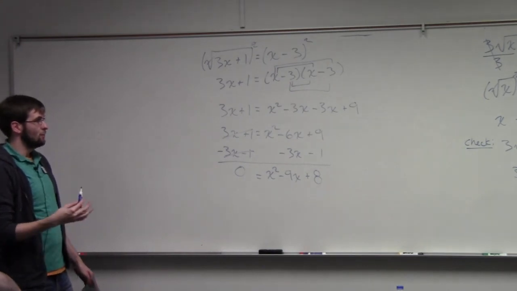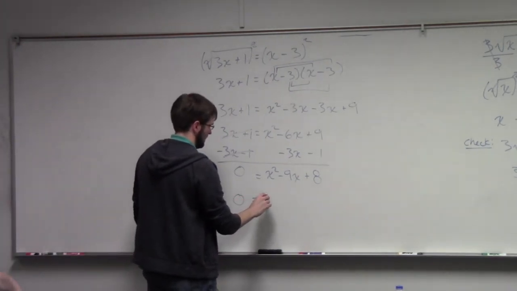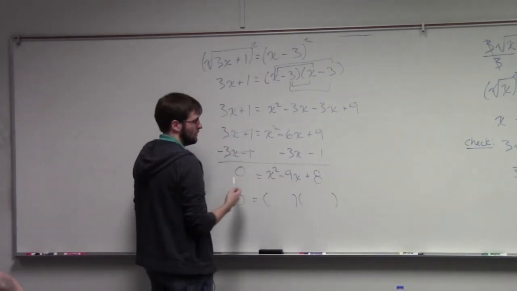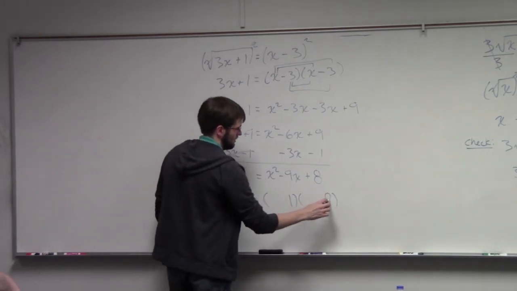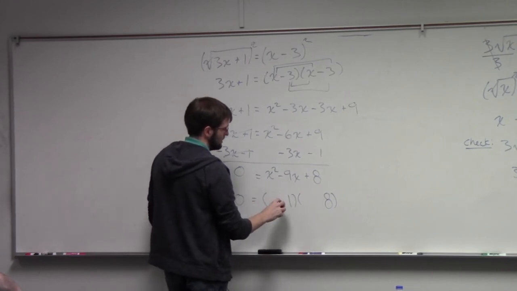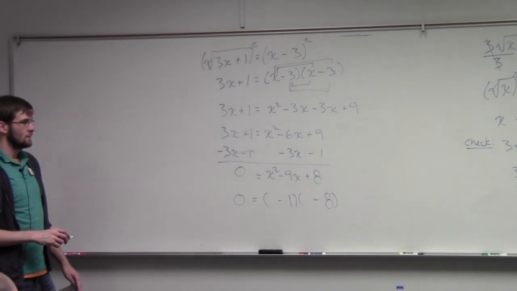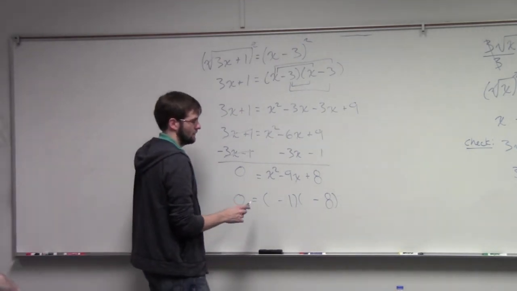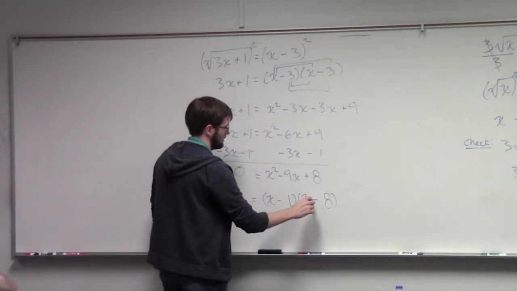All right, now I have a simple factor. So I'm going to break down my two parentheses. And so what two numbers multiply to give me 8 that add to 9? Well, it's going to be 1 and 8. And since this is negative 9, both of these need to be negative. And because there's an x squared term here, I need an x and an x.